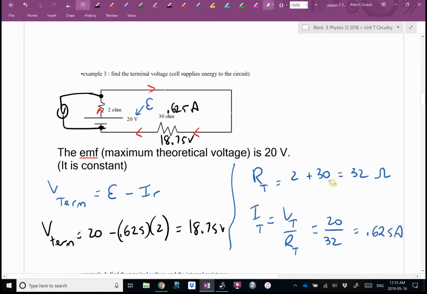What if instead of a 30 ohm resistor, I replaced it with a different resistor? This number would change, this number would change, this value would change. And that's where my ski hill analogy breaks down, because somehow that little bump at the top of the ski hill has a changing height, which doesn't happen in real life, but we've done pretty good, so we're okay.